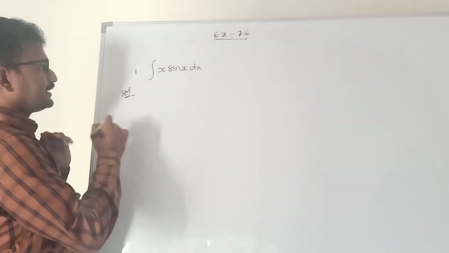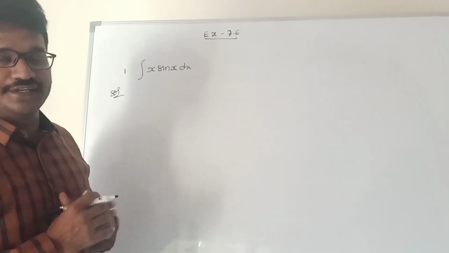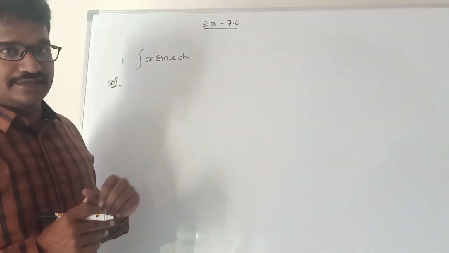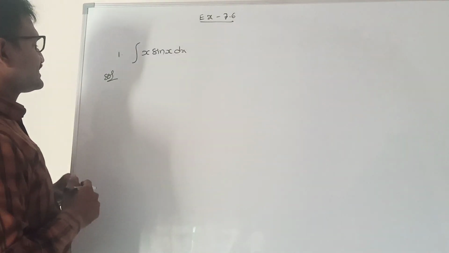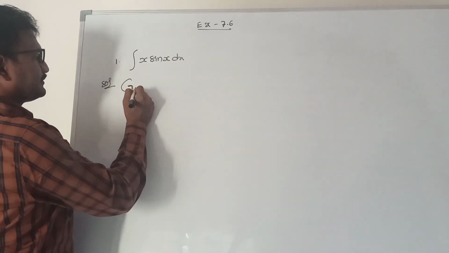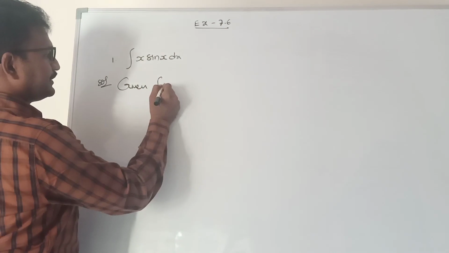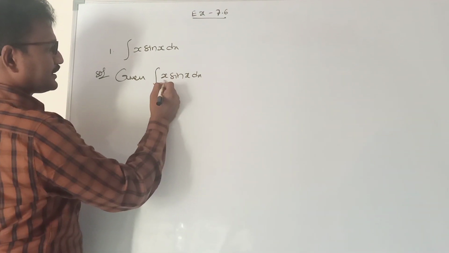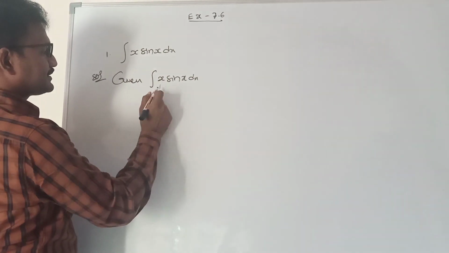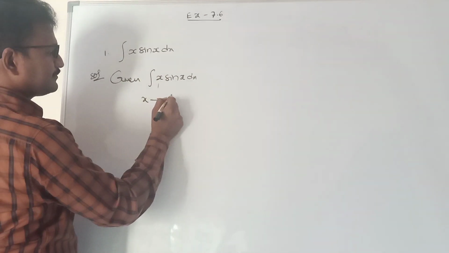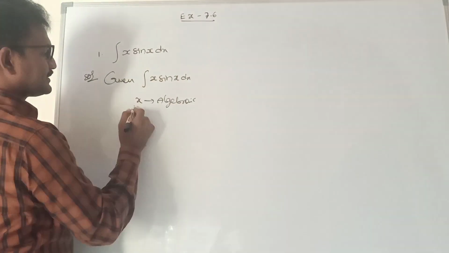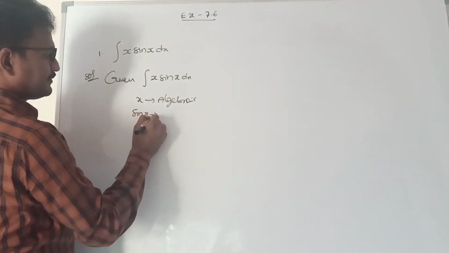Next, the first problem is the integration of x into sin x. So given the integration of x into sin x, two functions are there. x is an algebraic function and sin x is a trigonometric function.